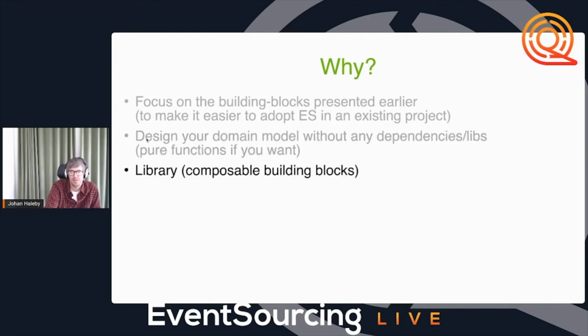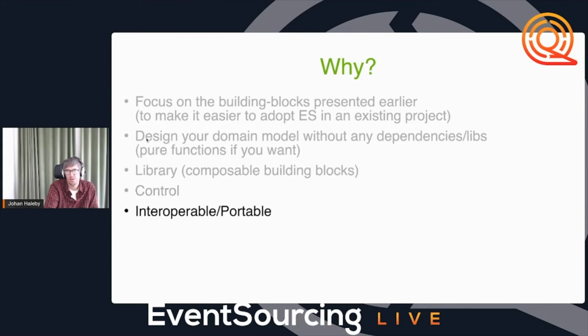It's a library that consists of composable building blocks, so it's not an all or nothing solution. I like to be in control, so I try to keep magic to a minimum. I'd rather be explicit. It's also designed to be interoperable and portable, and I will explain that in the next slide.